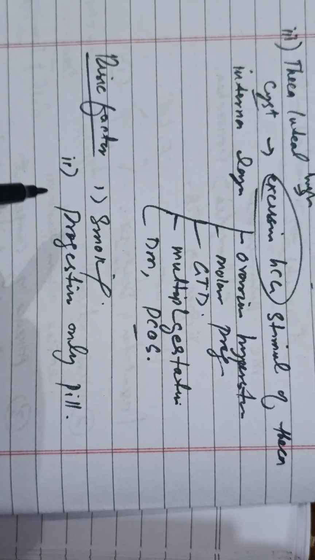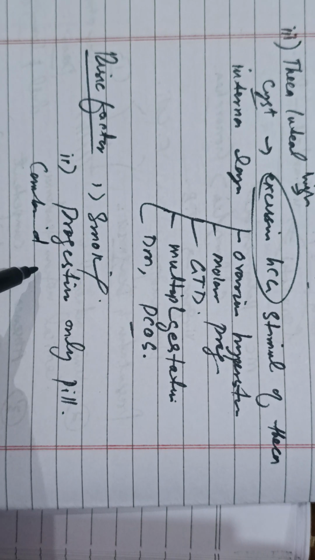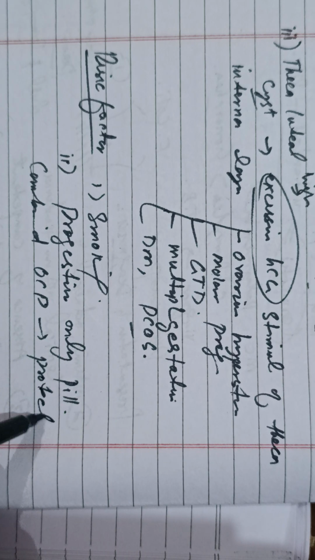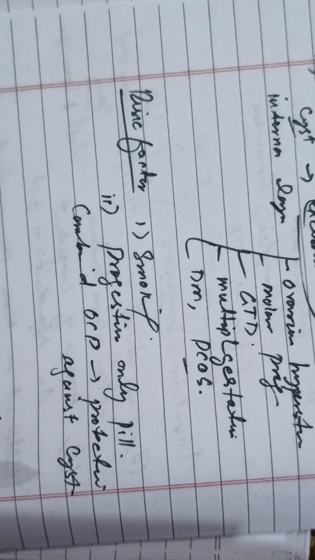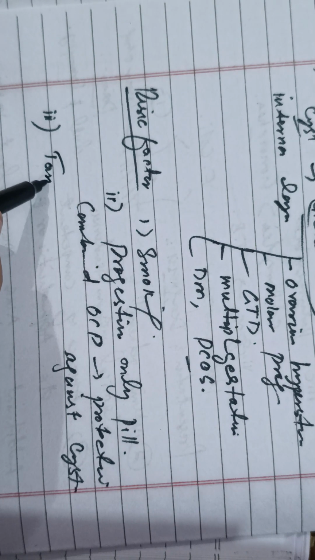But one thing should be remembered: combined oral contraceptive pills are usually protective against ovarian cyst. The third one, there are multiple causes, is tamoxifen use.